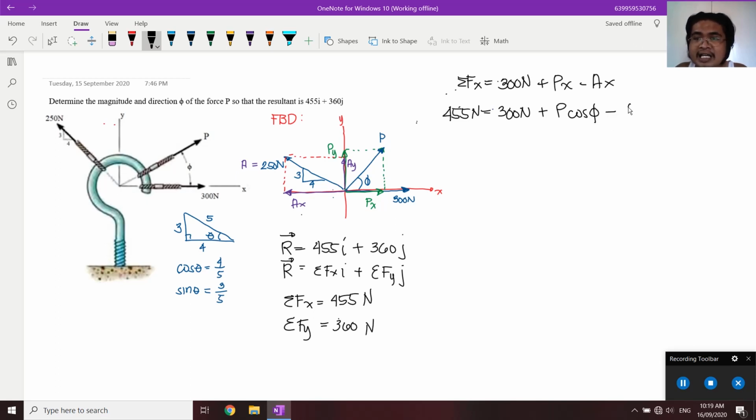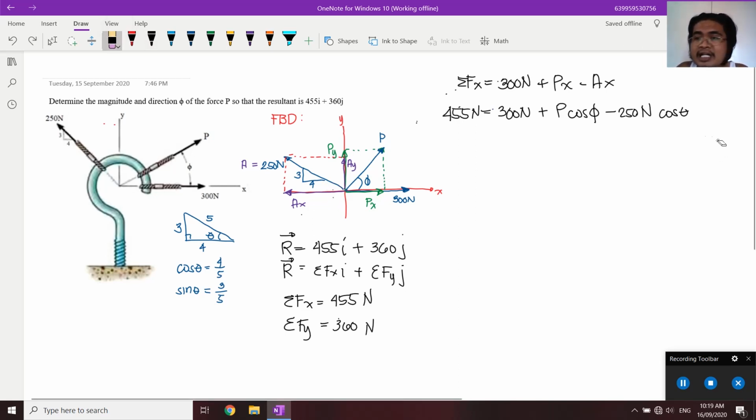Minus ang A sub x natin ay A cosine din ng angle na tinutukoy. Pero alam ko si A, binigay as 250 newtons. Tapos si cosine theta, sabi natin, if you're using this angle, that is 4/5. So, yun yung advantage ng paggamit nun, kasi hindi putol yung ating value. So, that is 250 cosine theta supposedly. Theta nino? Nung A. Tama po. Kaso, hindi na natin solve yung angle.